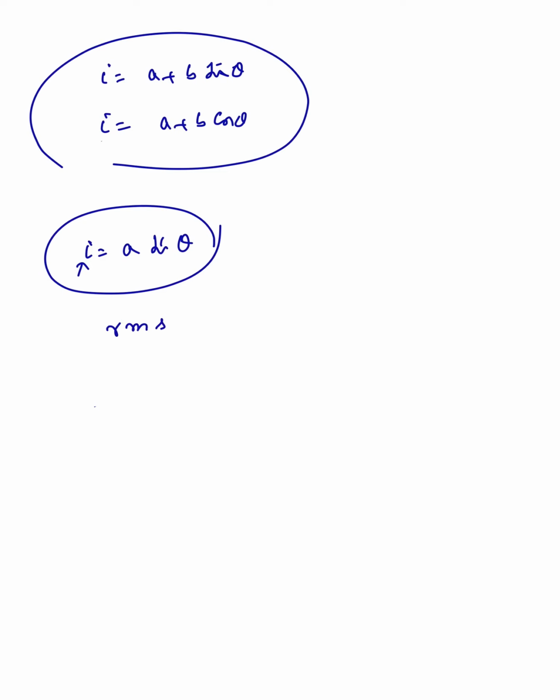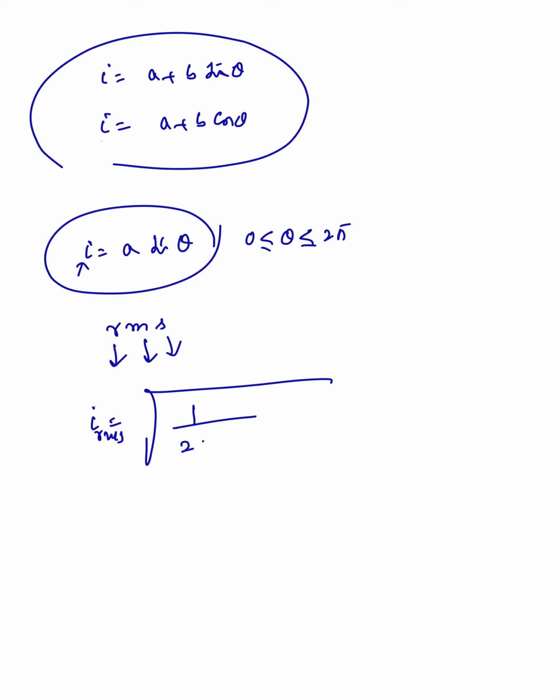What is RMS? Root mean square. I RMS equal to square root of the mean. If theta is in between 0 and 2 pi, it is 1 by (2 pi minus 0) integral 0 to 2 pi, the sum of the values, meaning integration, of I square d theta.